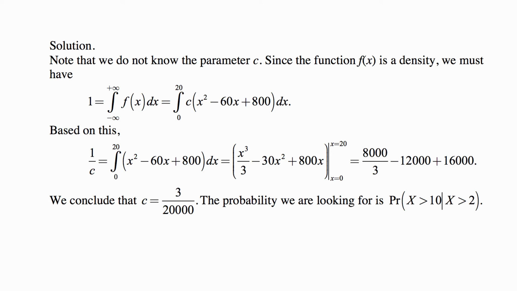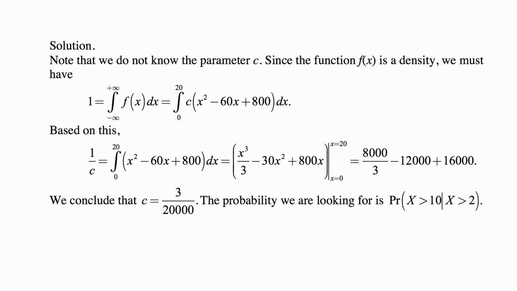Well, the function whose derivative is x squared is x cubed over 3. The function whose derivative is 60x is 30x squared. And the function whose derivative is 800 is 800x. And we evaluate this from 0 to 20. At 0, of course, the value is 0. At 20, we get 20 cubed, so 8,000 over 3, minus 20 squared times 30, so that's 12,000, plus 20 times 800, that's 16,000.